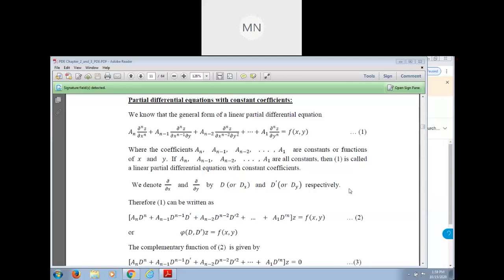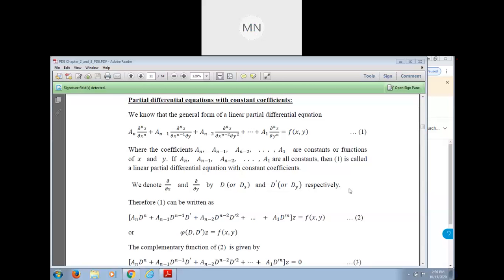True. Now, is it clear? Ma'am, now it's clear. Here also in the first order case, x and y are what? Independent variables. Z is the dependent variable.